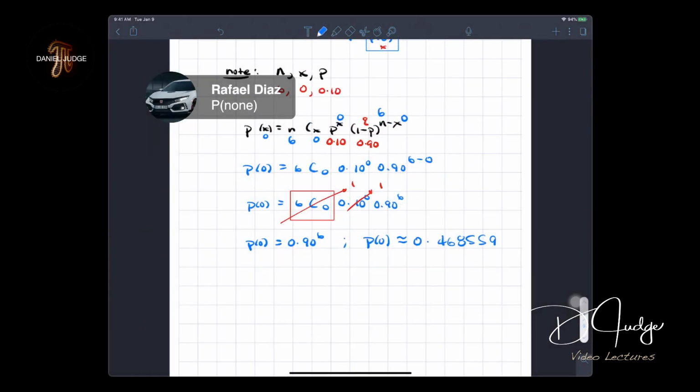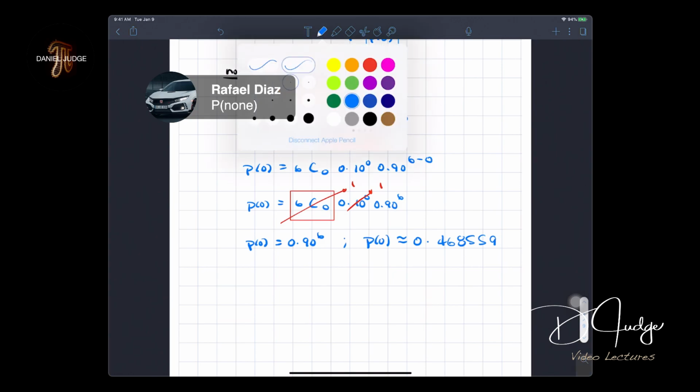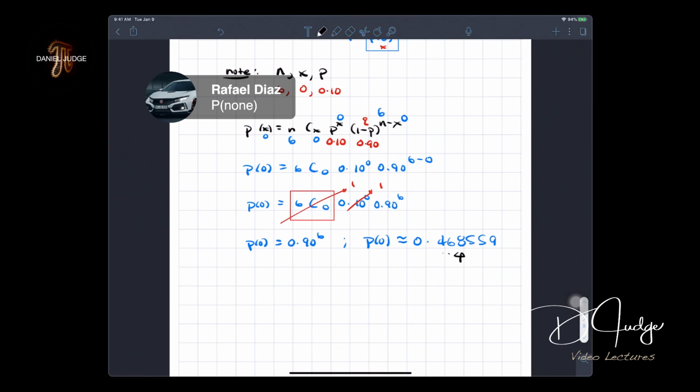Now today, let's go out to our nearest thousandths again. So we can say the probability of at least one person being selected who's left-handed is 0.469. That's the chance that at least one person out of the group of 6 will be left-handed. Let's write this down, 0.469.